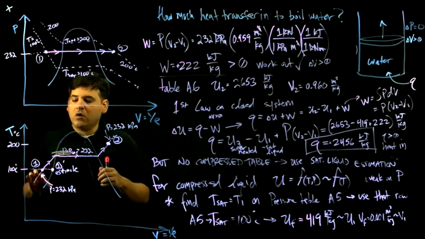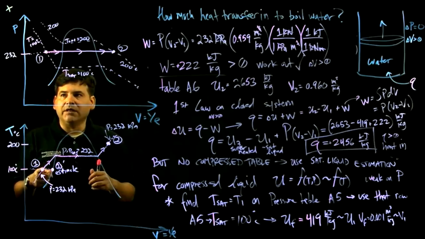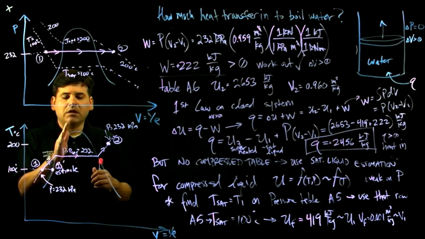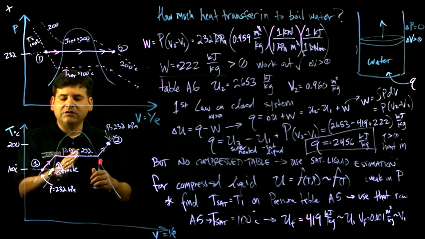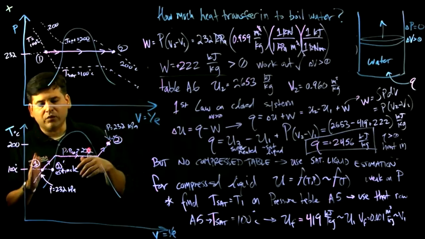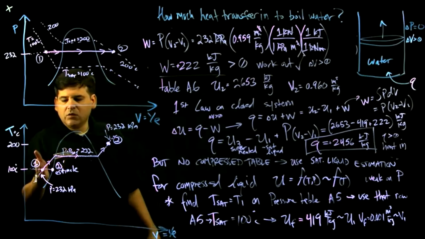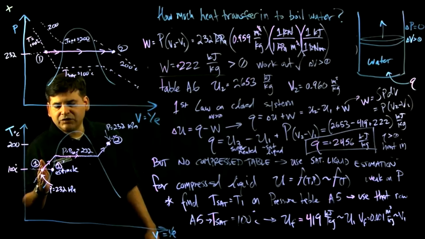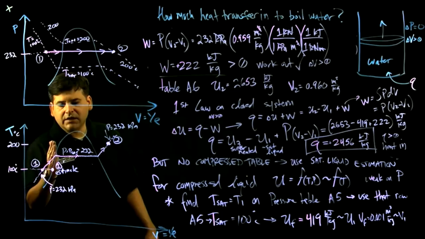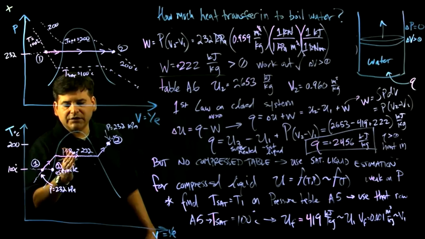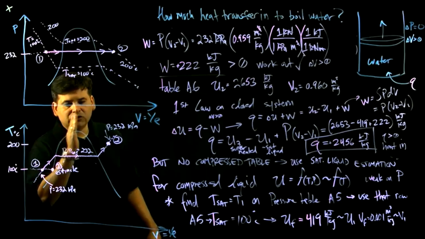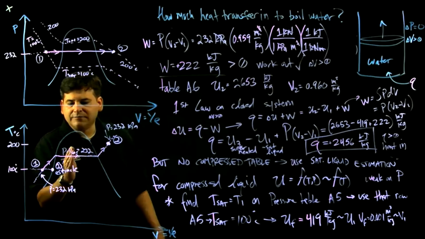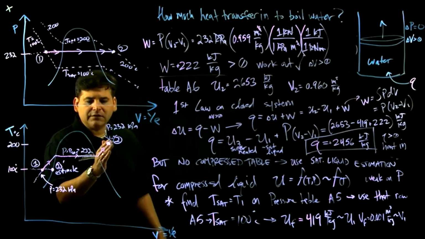We didn't know we were at compressed liquid at the beginning, but we compared it to the saturated liquid properties, and that tells us whether we're left or right, up or down, whether we're compressed or superheated. State 1 happened to be compressed because the temperature was lower than the saturated condition, and state 2 was superheated because the temperature was higher than the saturated condition.